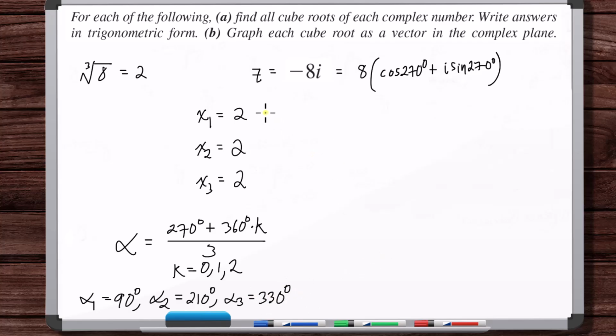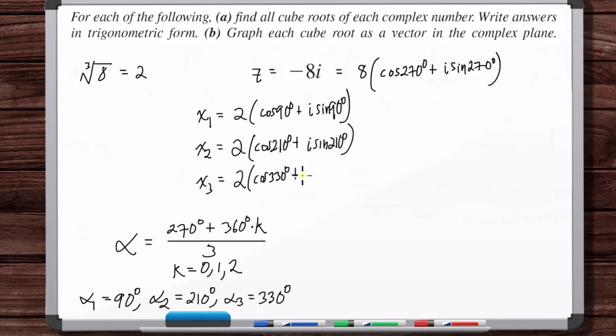So we've got 2 cosine 90 plus i sine 90, 2 cosine 210 plus i sine 210, and then 2 cosine 330 plus i sine 330. Okay, so there's the 3 roots.